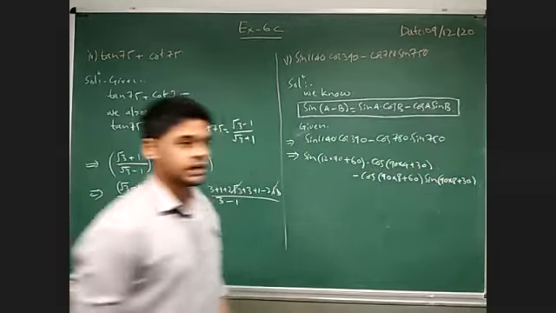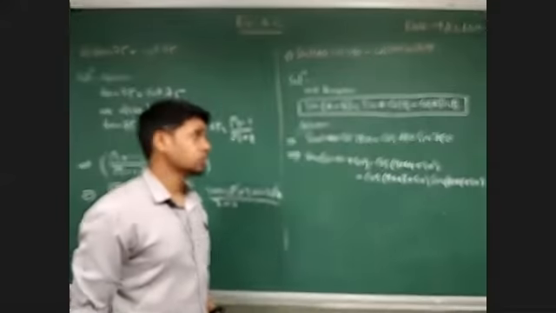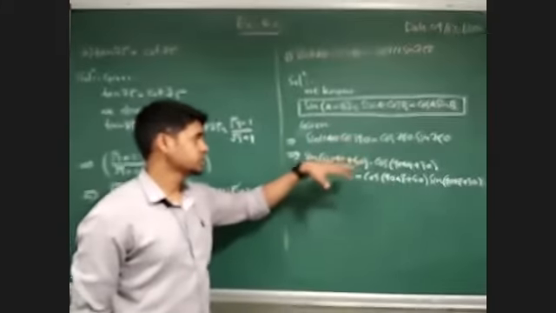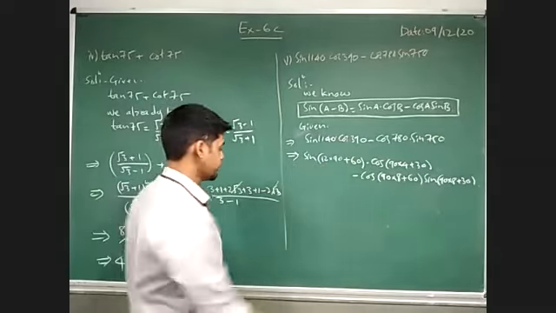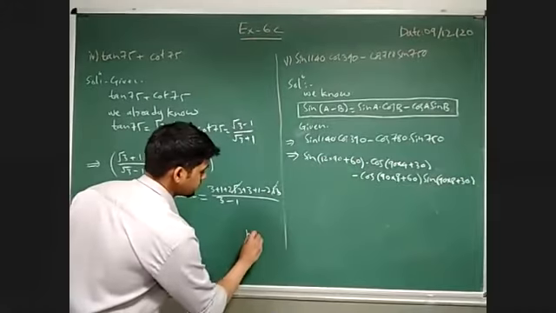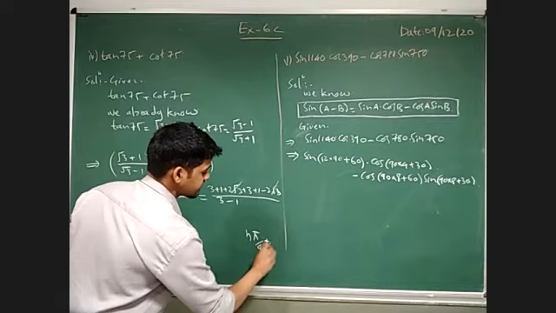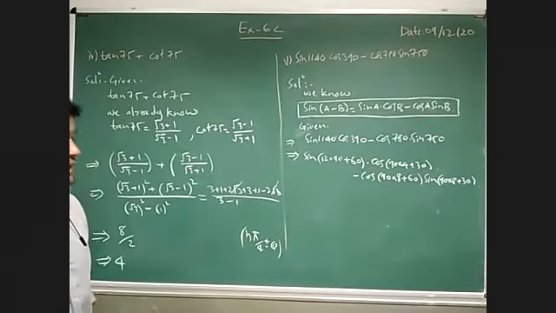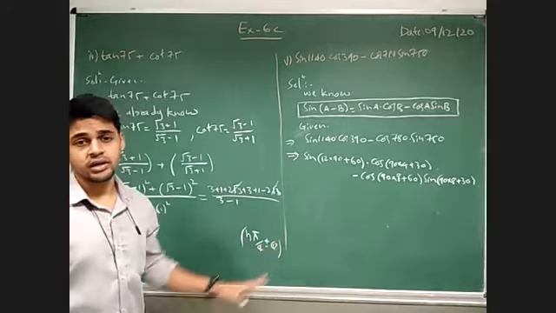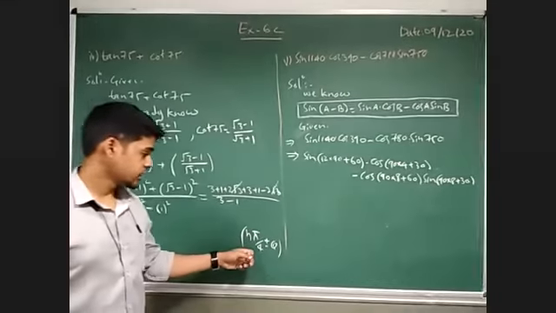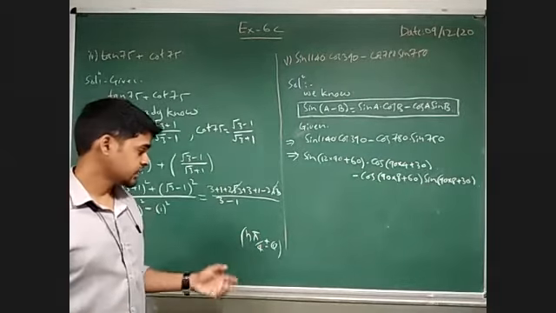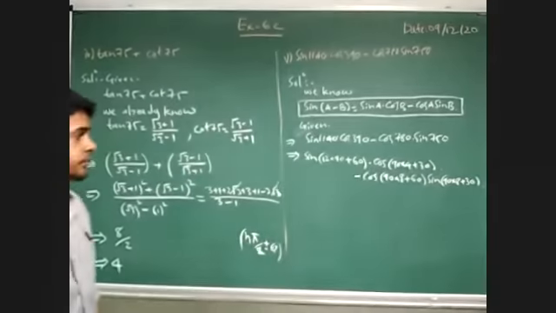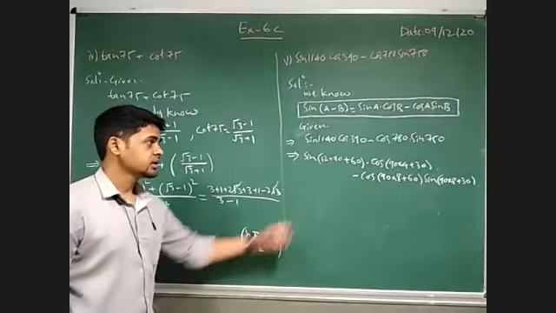So here I just simplified all things, like I broke all the theta values in this form. The form is n pi by 2 plus or minus theta. Already we discussed in our previous exercise that if we have long theta values, then we have to convert the bigger theta values into this form, n pi by 2. So here pi by 2 is nothing but 90.